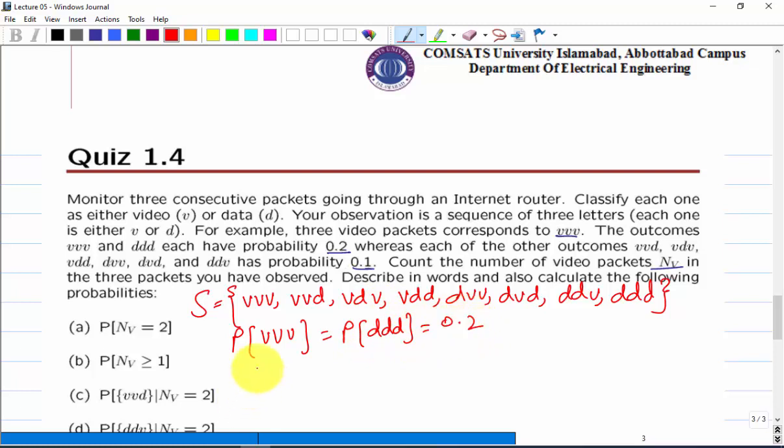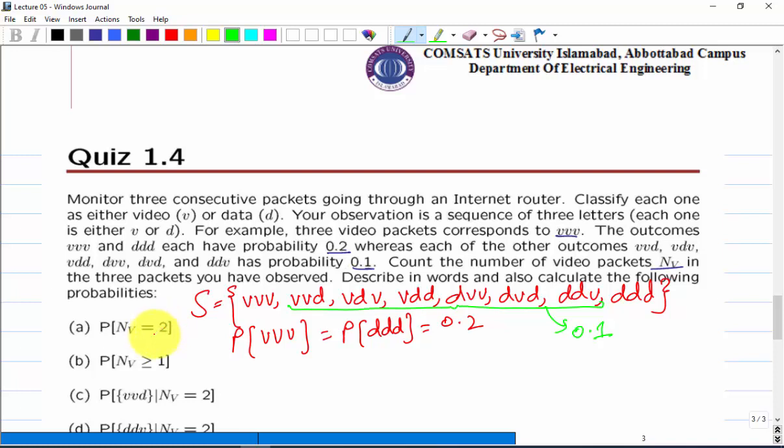So the probability of all 3 video packets or all 3 data packets is 0.2, which is predefined, and for all of the rest of the elements the probability is defined as 0.1. So they have predefined the probability. Now we have to find these.